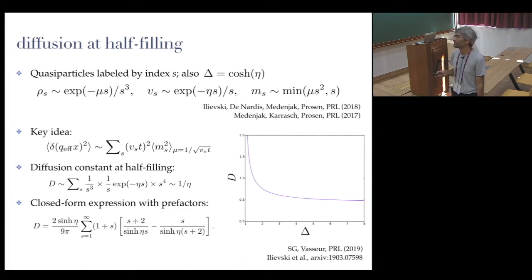And so once you plug that in, once again you have a t squared, you have a 1 over t, and then you can plug in all this Bethe ansatz information, and when you do that with the prefactors, you get this closed form expression for the diffusion constant. This closed form expression gives you a divergence of D as you approach the isotropic point, and the divergence goes as 1 over eta, where the anisotropy is cosh of eta.